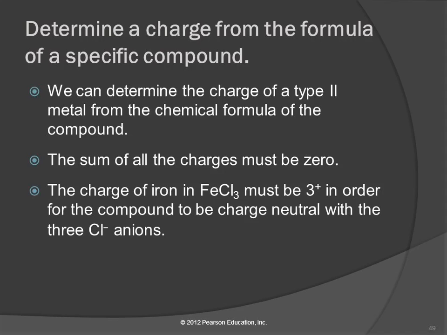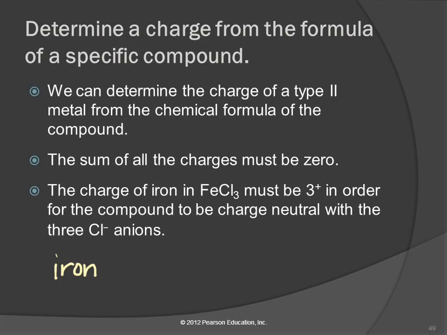So if we look at FeCl3 and are trying to name that, we ask ourselves, is iron a metal? Yes. So we're going to name this as an ionic compound, and we're going to write iron. Is it in group 1, 2, 3, zinc or silver?